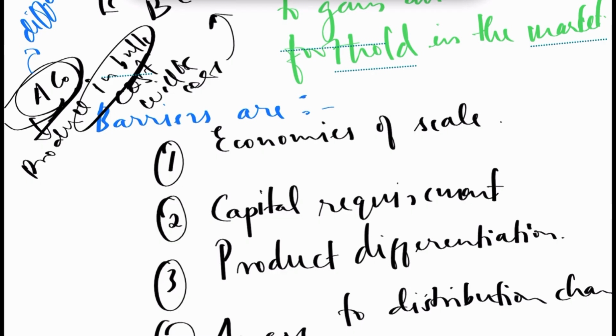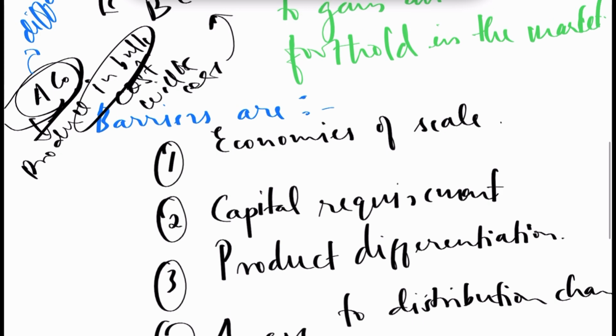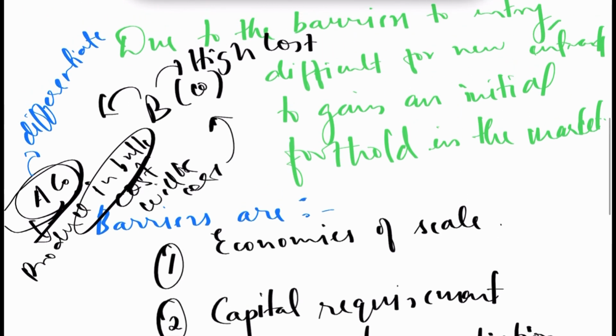There will be a clause like with the existing dealer, they do not handle the third person's product, like that. Agreements might be there. If the agreements are there, then the distribution channel will also be restricted to the new entrants. So these are the few barriers to entry which will affect the new entrants to enter into the market.